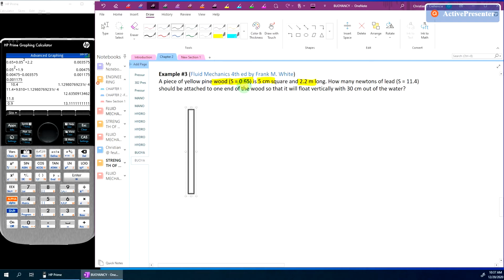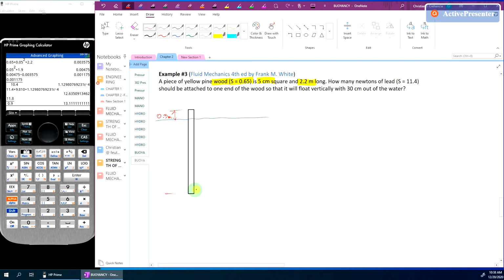Then, para lumubog siya such that 30 centimeters na lang yung nakalabas, yung naka-protrude dun sa water level, sa water surface, 0.3 meter, 30 cm.